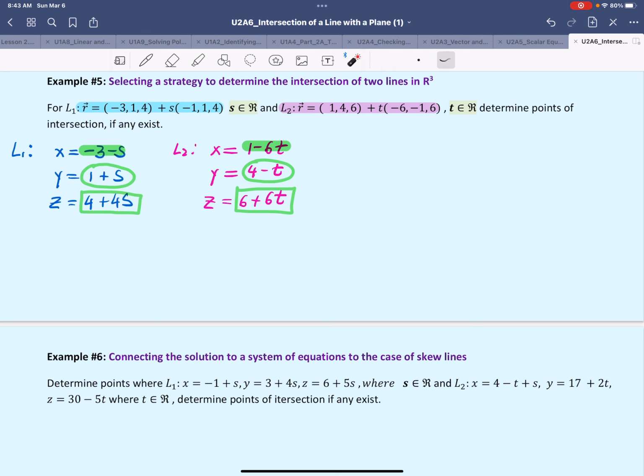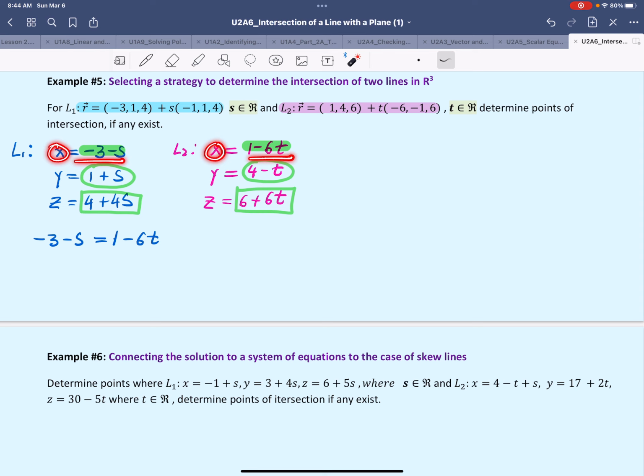So to find the values of s and t that will give same x, y, and z coordinates for each line, it's enough that we use any set of equations. So I'm going to choose to use the x and the y coordinates for it. The x coordinates must be the same for both lines.